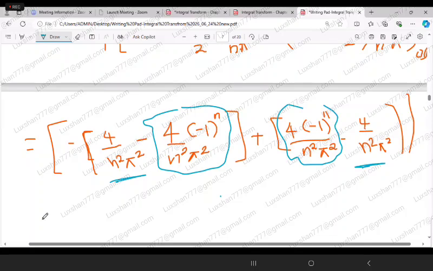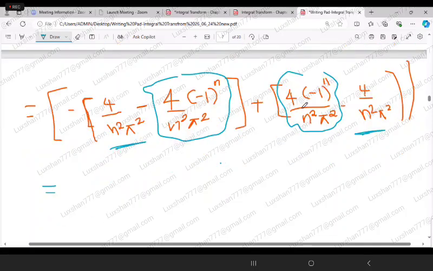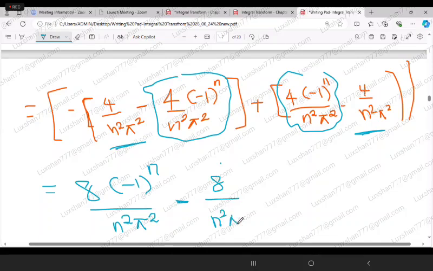But minus, so ultimately it is reduced to 4 means 8. 8 into minus 1 to the power n over n squared pi squared, minus 4, that becomes 8 over n squared pi squared. So I can simplify this. I can take 8 over n squared pi squared out.